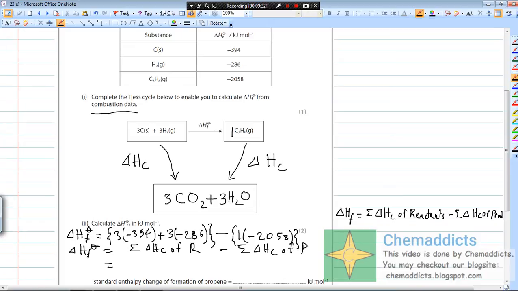Okay, so if you work this out, then you will get plus 18 kilojoule per mole. Okay, so that's the answer. So here is one thing that we need to know, that we need to mention the sign. Regardless of the sign, we need to mention whether it is positive or negative.